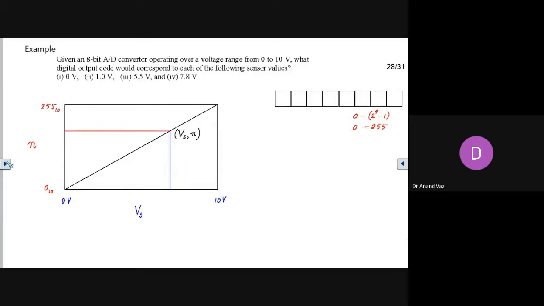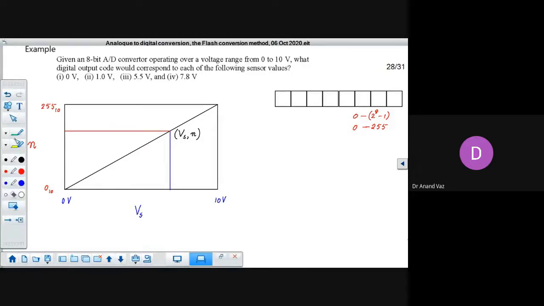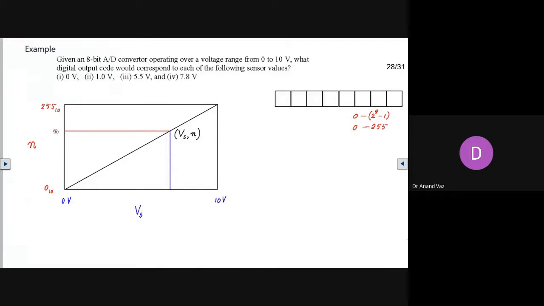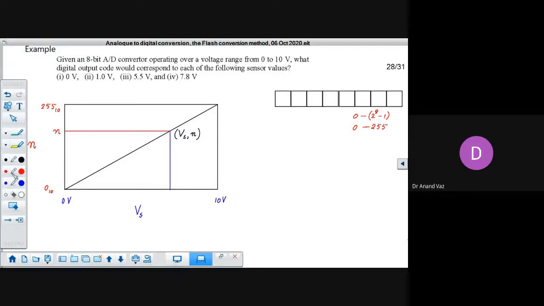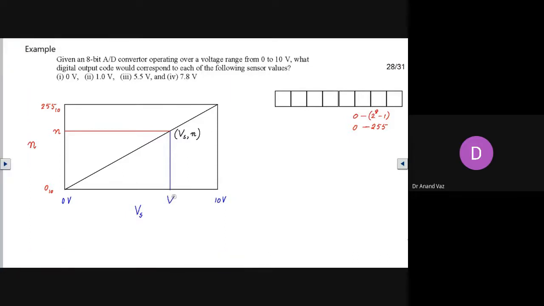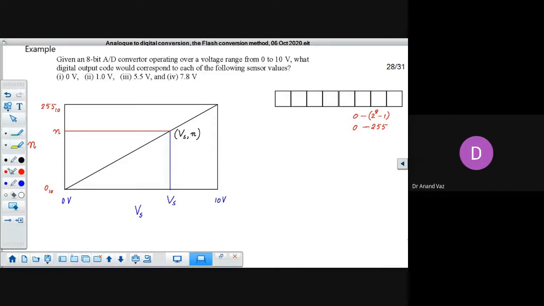So say this is n, and this is Vs. So what is this relationship between n and Vs? Let's try to write it. We can write down the equation for this.